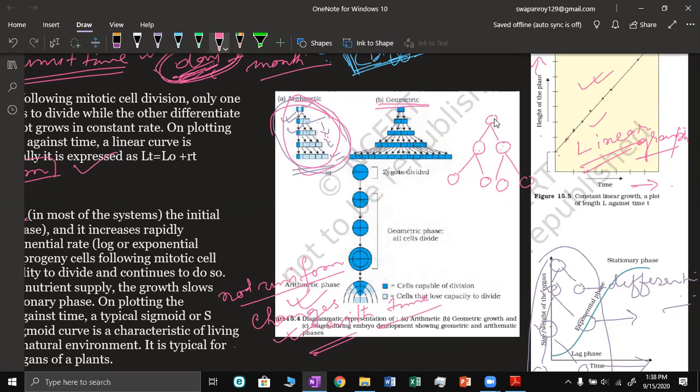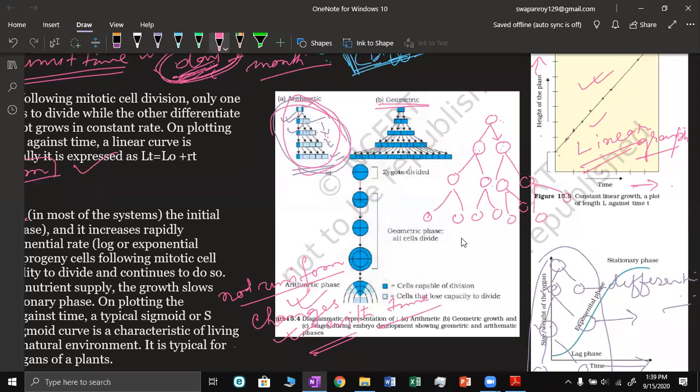So first, one new cell has been added, but the next time three new cells have been added. So from 1 to 4, if the next division takes place, see how many cells will be added.